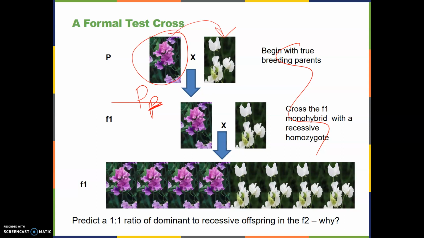That is because we know this F1 offspring is big P little p, and this is little p. So if we do a Punnett square, where we cross the big P little p with the two little p's, we get big P little p, big P little p, little p little p, little p little p.